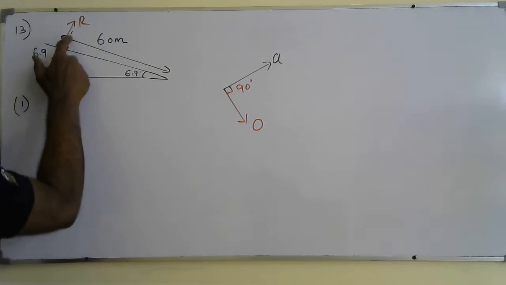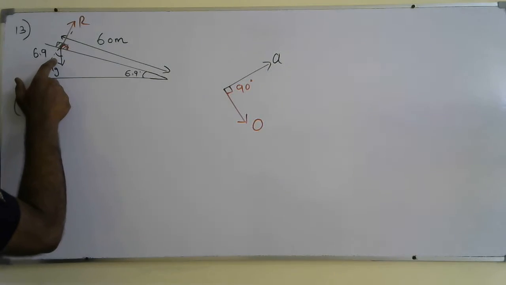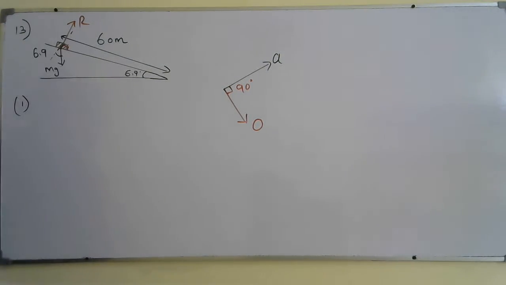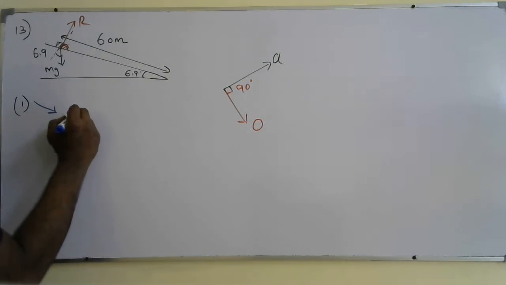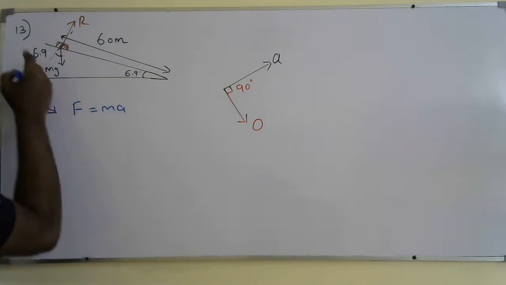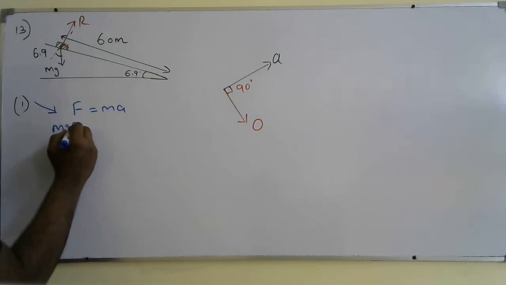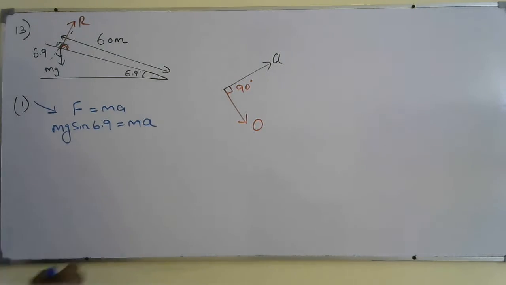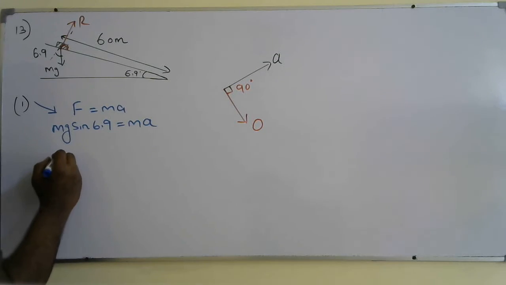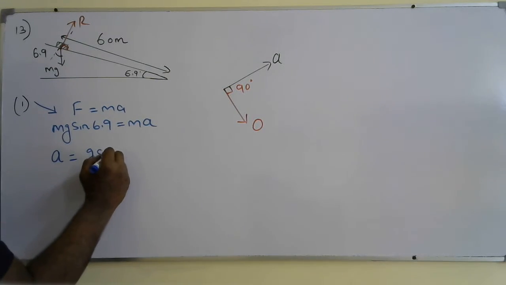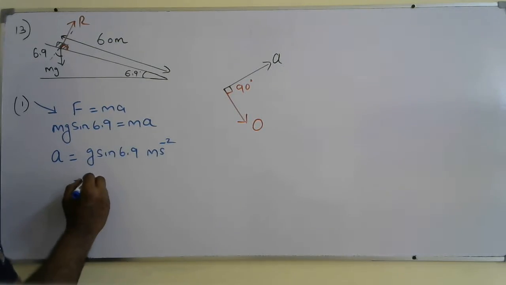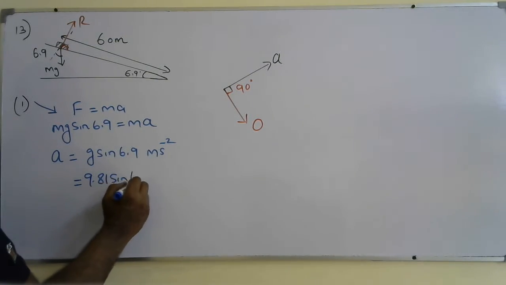The weight makes an angle of 6.9 degrees with this line, so I need to resolve the weight along the slope, meaning mg sine 6.9. Along the slope I am going to use F equals ma. The only force acting along the slope is mg sine 6.9 equals ma. m and m cancel, so a is g sine 6.9 meters per second squared, which is 9.81 sine 6.9.